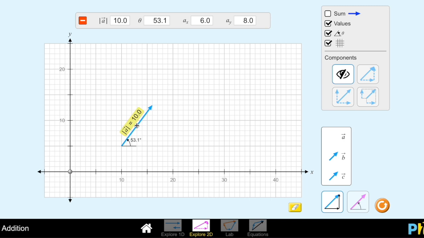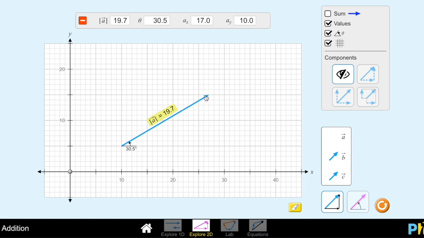So we were looking for a force that's 20 newtons at an angle of 30 degrees. Okay, so I can move this around and you can see there's no way that I'm going to get it exactly at 20. I mean, it's like 20.2, 19.9. And I wanted it about 30 degrees as well.